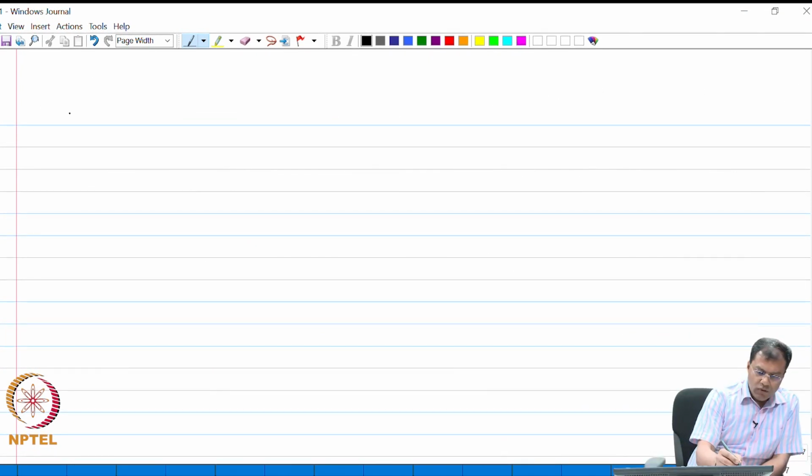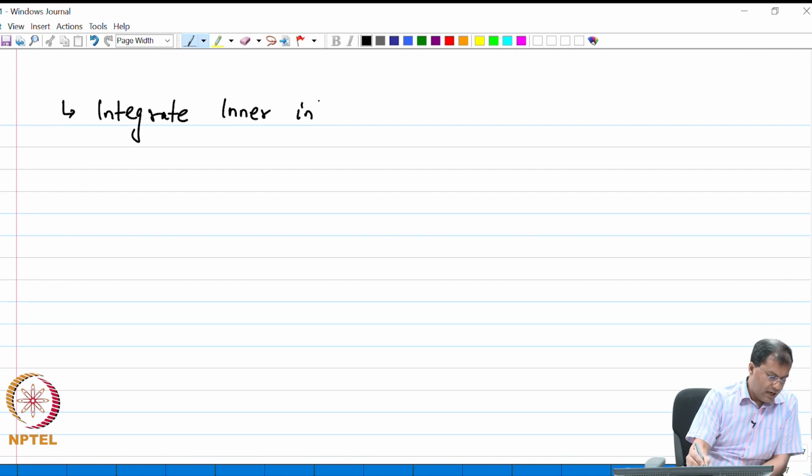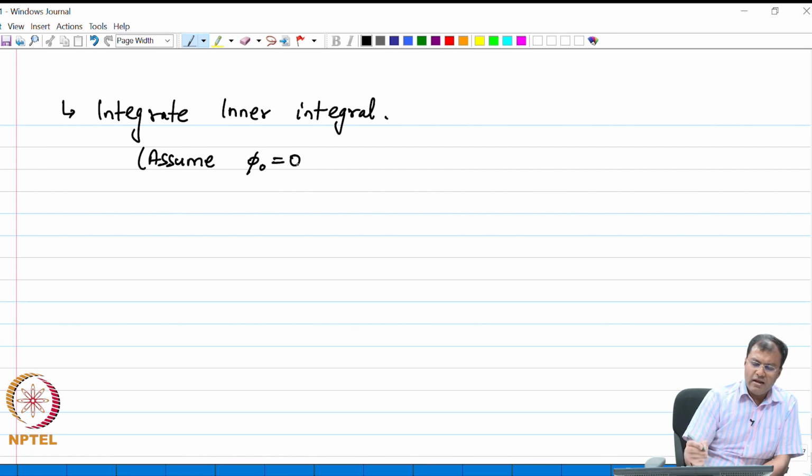So, what we do is integrate the inner integral. For the time being, let us assume that phi_0 is 0, since it vanishes on the boundary anyway. So, let us assume that the first basis function is 0.